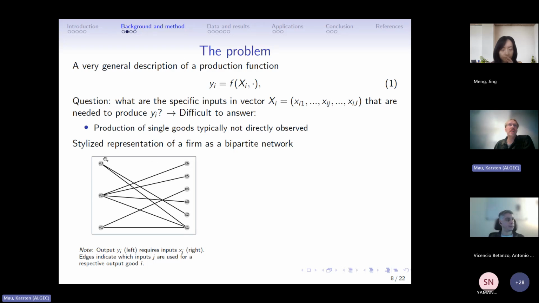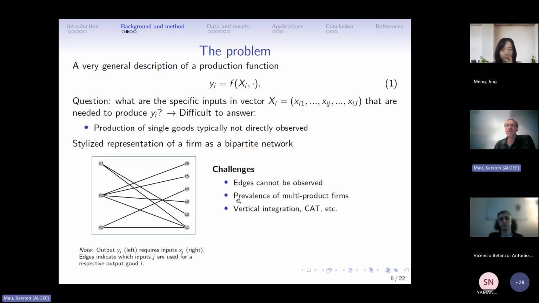Think of exports on the left and imports on the right. And then there are probably these connecting lines. We assume that there's a reason why firms buy this list of products if they export this list of other products, but we don't observe those lines. And that's the core challenge that we are trying to tackle: to find a way to effectively infer those edges.